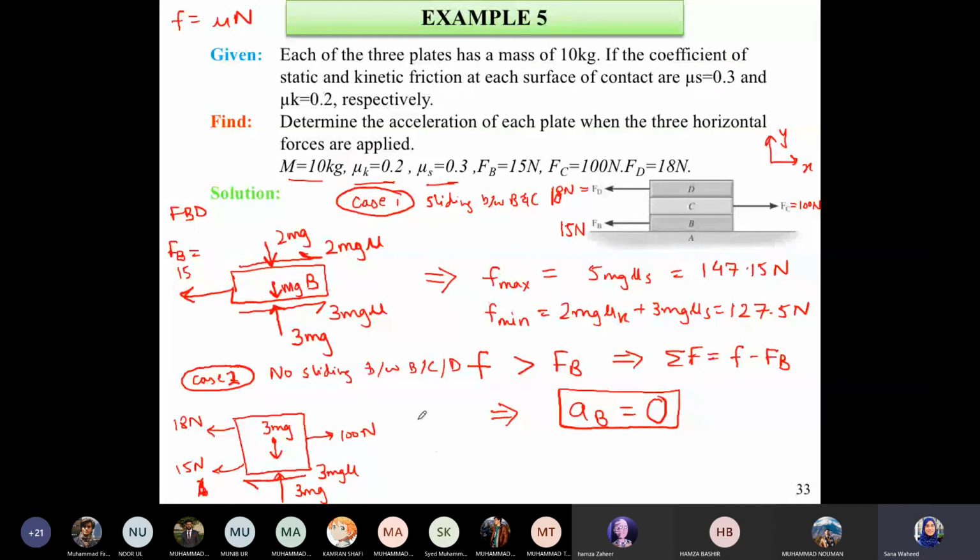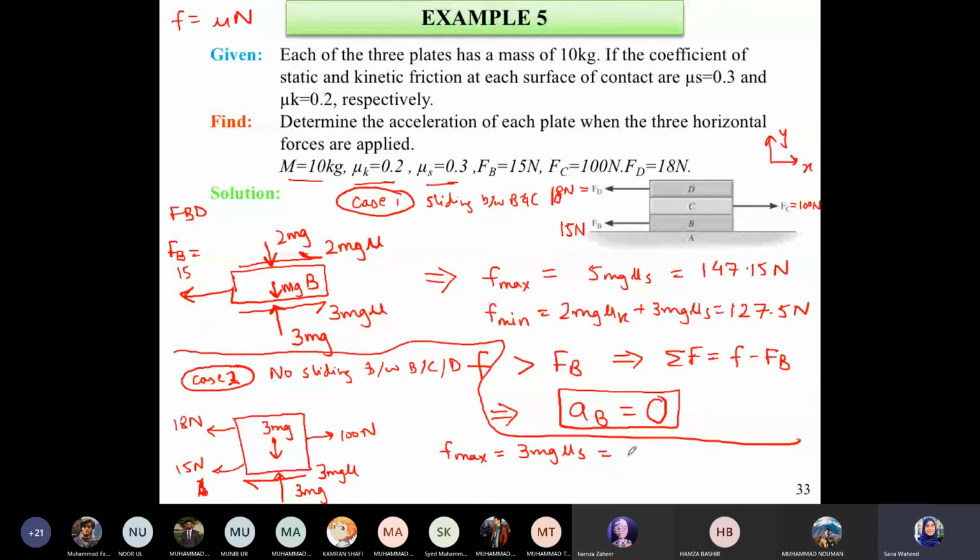Now in this case, ये मेरा case 2 चल रहा है. In this case, my F max is just equals to 3 mg μs, which is what? 3 times 10 times 9.81 times 0.3.